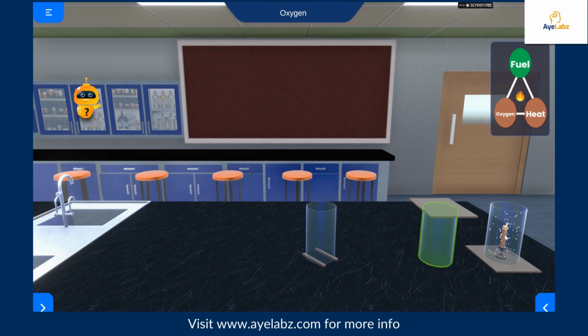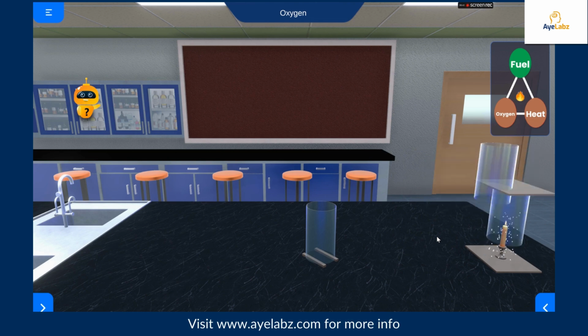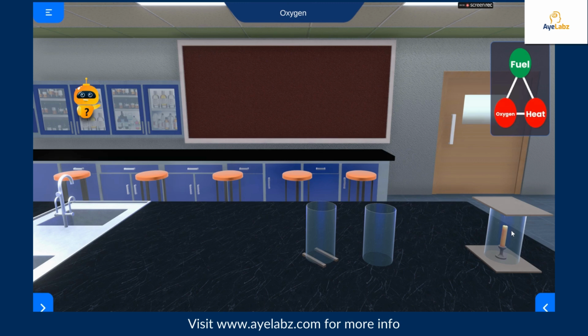Still the candle is burning. What about the glass jar that is not open on either side? After some time, once the oxygen level is lower, the candle is not burning, which clearly shows that oxygen is very important for fire.